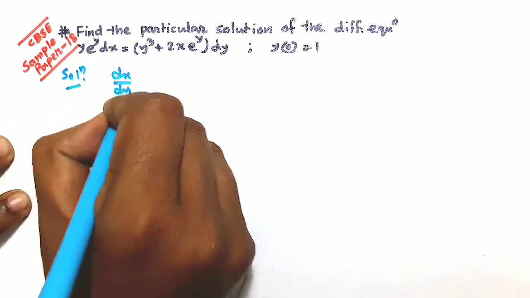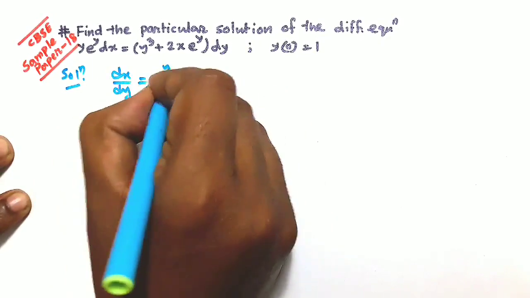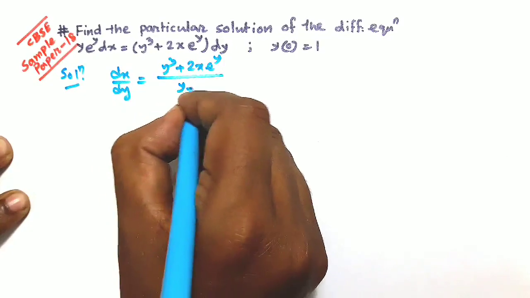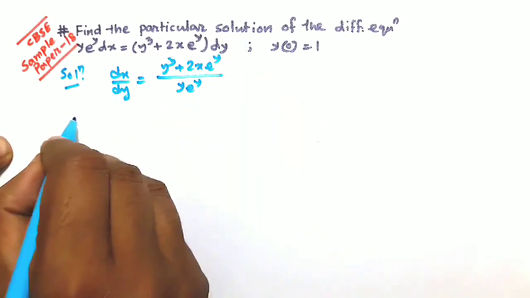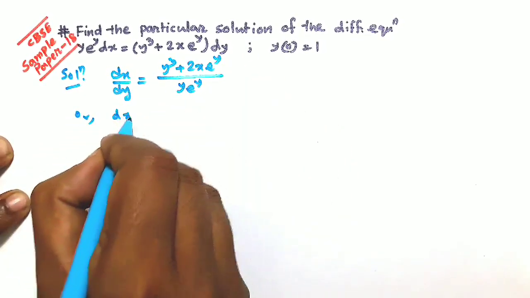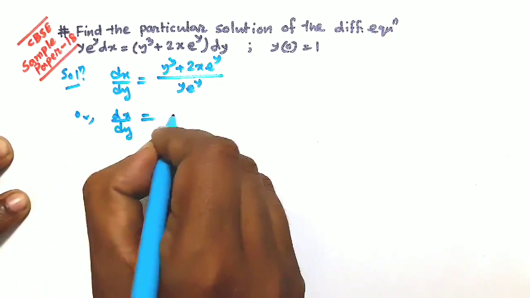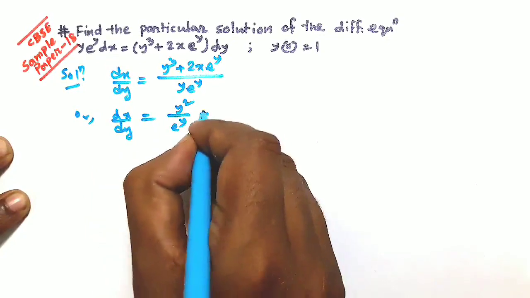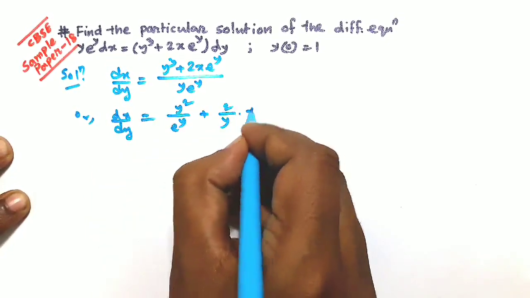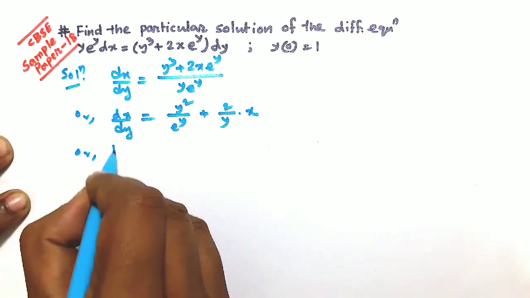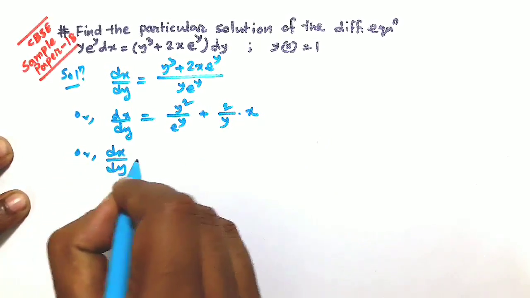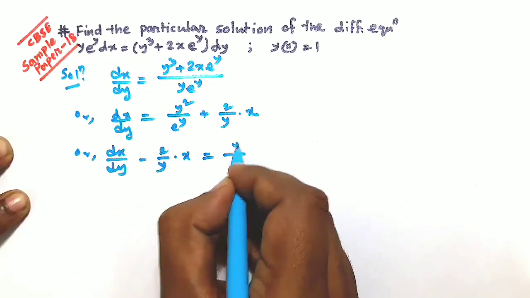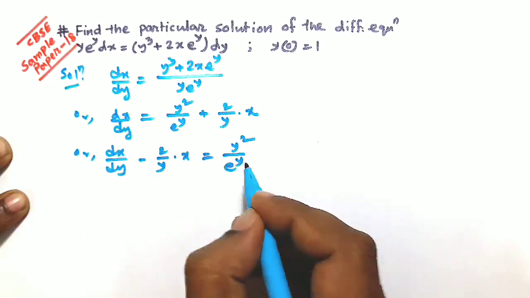dx/dy is equal to y cube plus 2x e to the power y upon y e to the power y, isn't it? So we can write dx/dy is equal to, we split it here, y square upon e to the power y plus 2 upon y into x, or we can write dx/dy minus 2 upon y into x is equal to y square upon e to the power y.